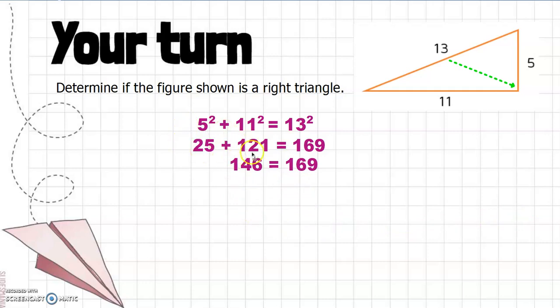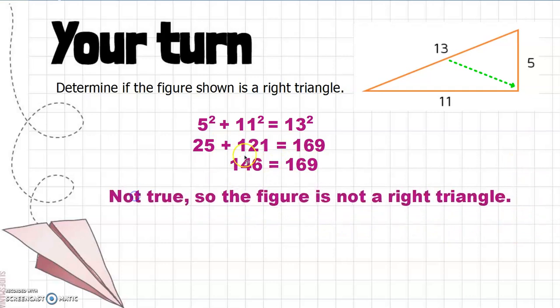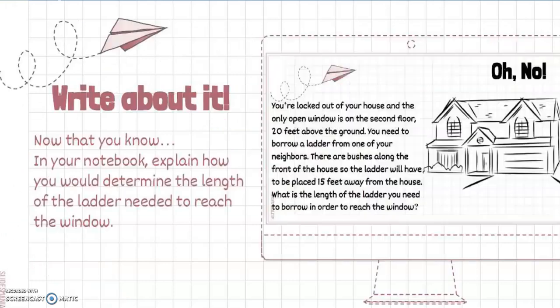I get 146 equals 169. That is not true. So since this statement, 146 equals 169, is not true, that means that this figure is not a right triangle. Did you get it correct?